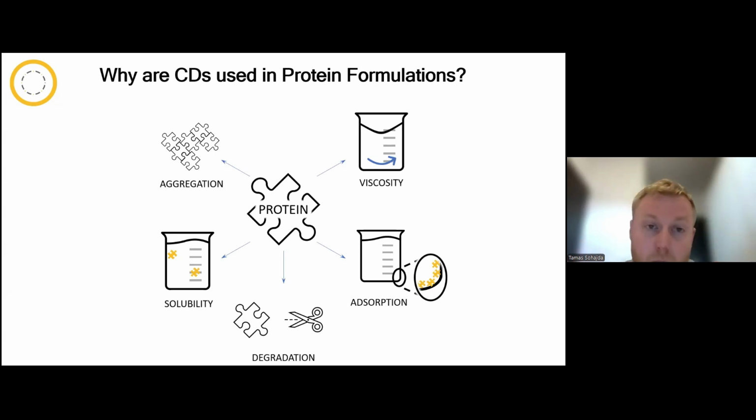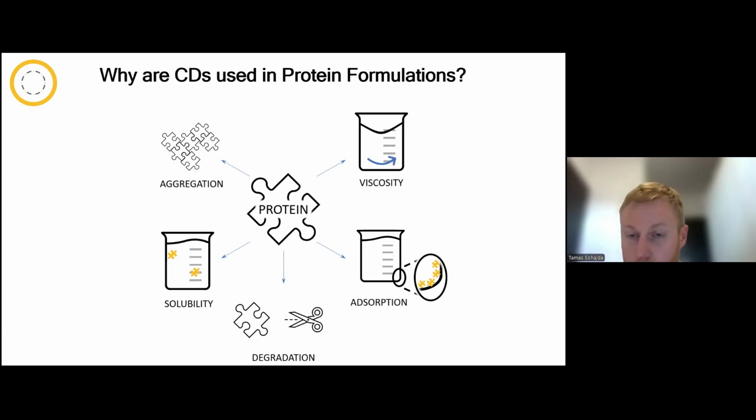The problems are not the same as with small molecules, because proteins can aggregate. Proteins are usually administered, or at least ideally administered, in highly concentrated solutions, which have high viscosity and poor injectability.